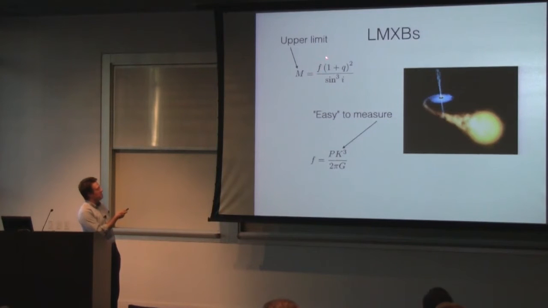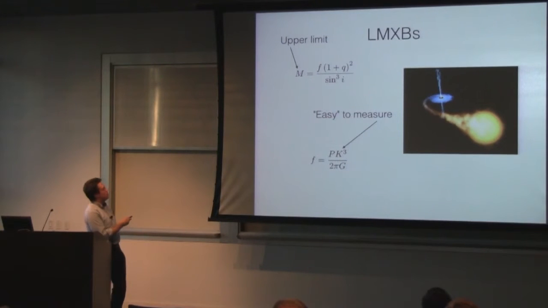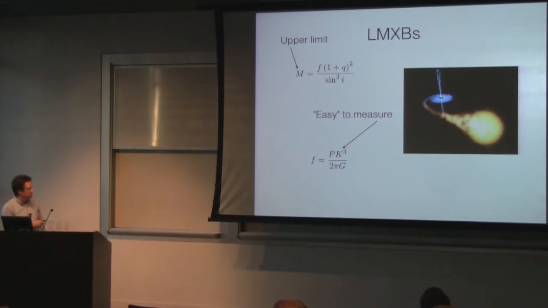It's full of things that are easy to measure. And then this function of the mass ratio of the system and the inclination. And if you look at these terms that are not f, this one is always bigger than 1. This one in the denominator is always smaller than 1. And so the mass that you get out of this is an upper limit on the mass of the system.